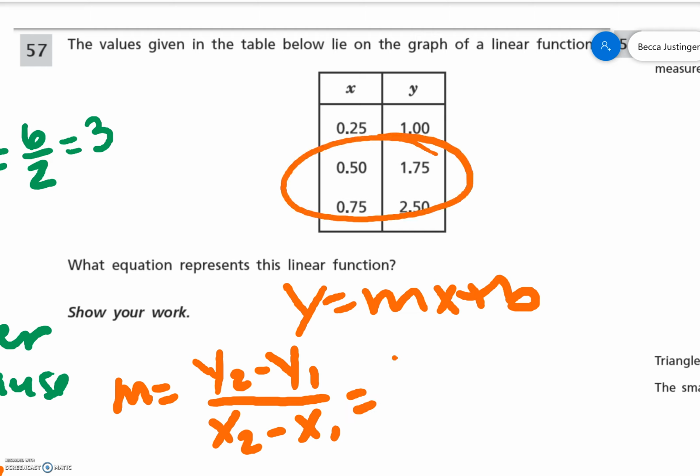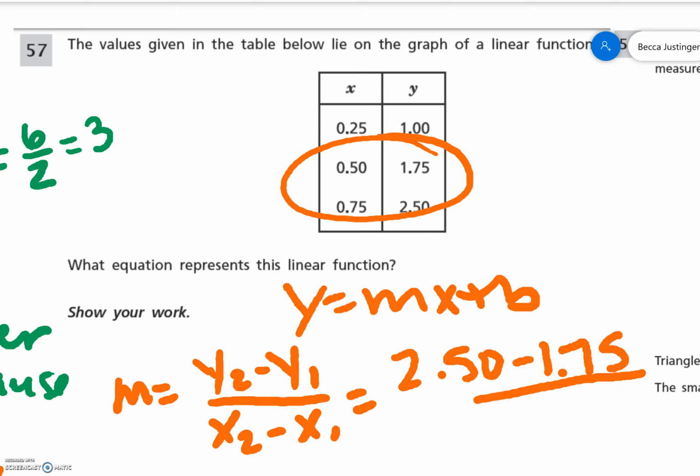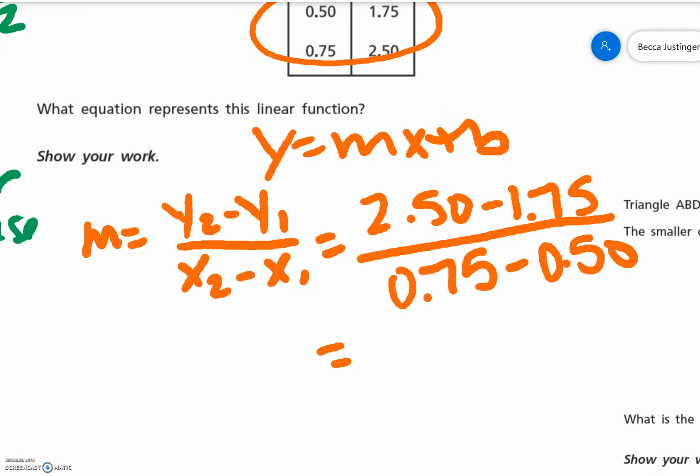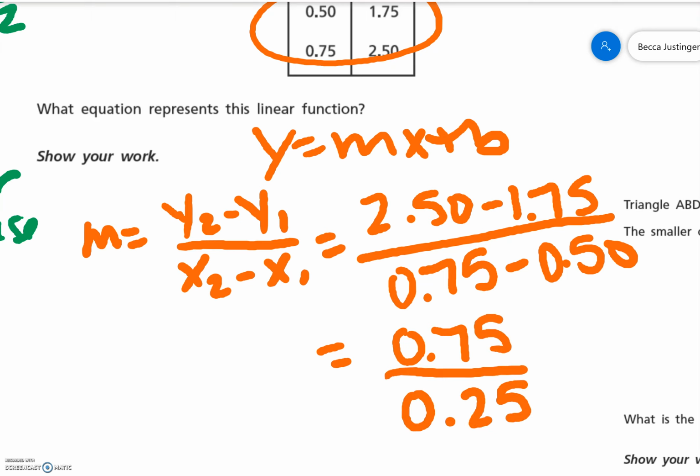We do 250 minus 175 over 0.75 minus 0.50. 250 minus 175 is 75, and 0.75 minus 0.50 is 0.25. 75 divided by 0.25 is equal to 3.